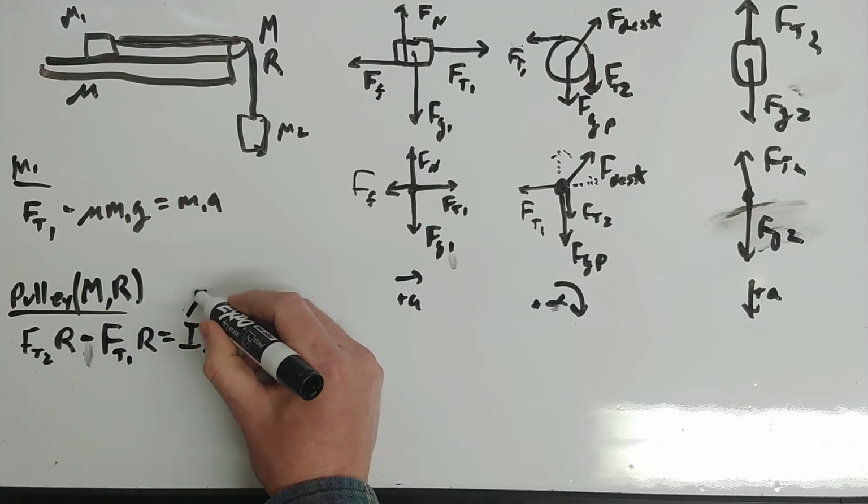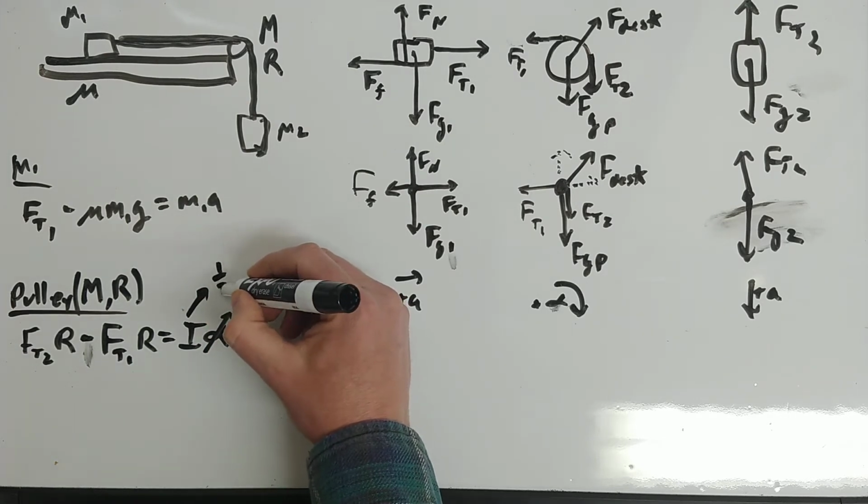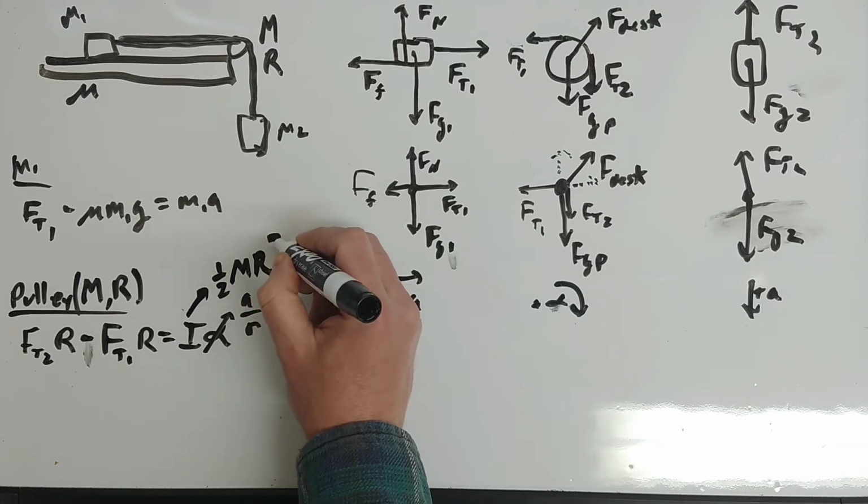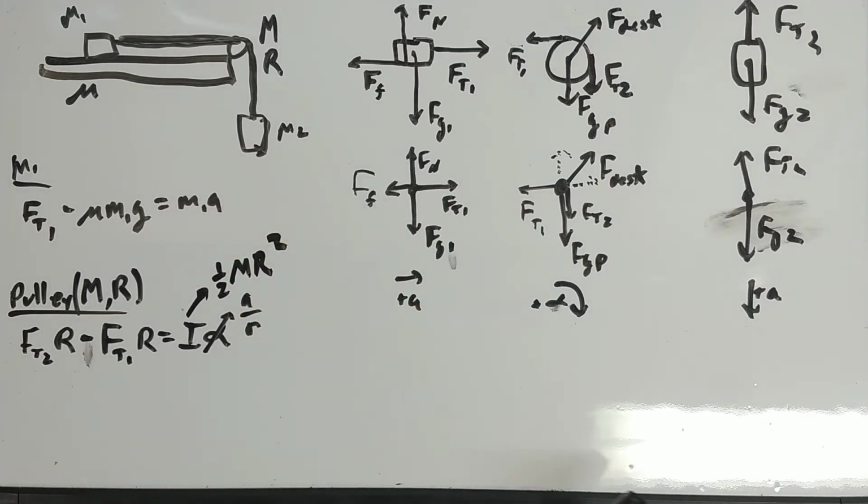Then I, since it's a solid disk, it's 1/2 mR squared. Those you can look up anytime on a quiz or whatever. You're going to have those accessible for the AP exam, so go ahead and look them up.